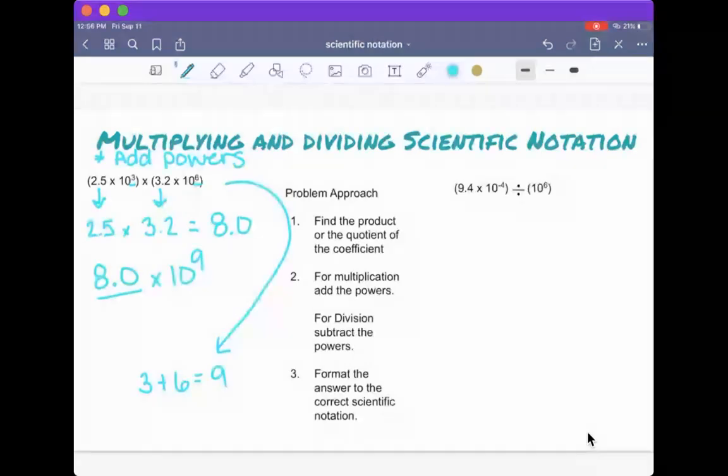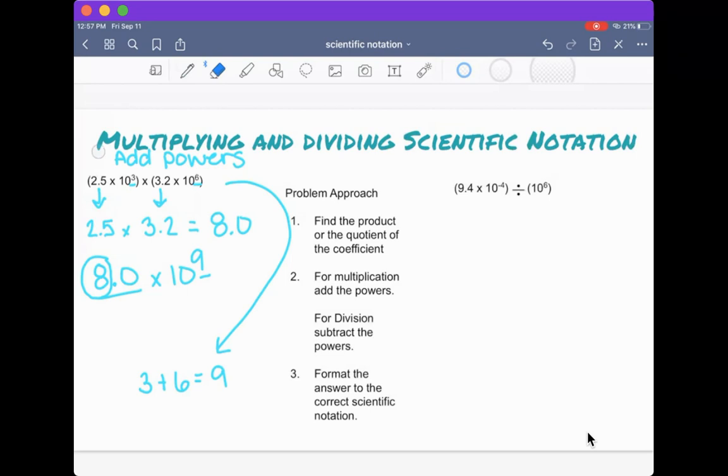The nice thing with this answer is it's given in the proper notation. Notice I only have 1 number in front of the decimal, and then I've got my times 10 to the power. So I am done. This is already simplified and in the right format. So that is multiplying with scientific notation.